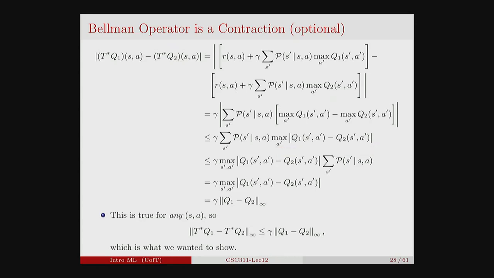And what you're going to do is just take the global max over S prime, A prime and move it outside so that you can get an upper bound here. That's really the only tricky step. The rest of it is mostly algebra. But what this gives you is a formal proof for why the optimal Bellman operator is a contraction map.